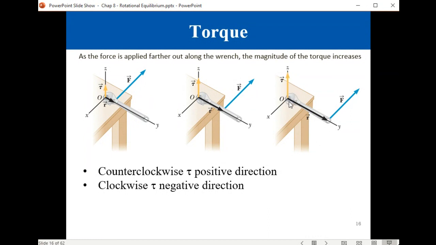Okay, so the four fingers have the direction of r, then the curling of the four fingers will be toward the direction of F. In that case, the thumb of the right hand is pointing up along the z-axis. That would be the direction of the torque.